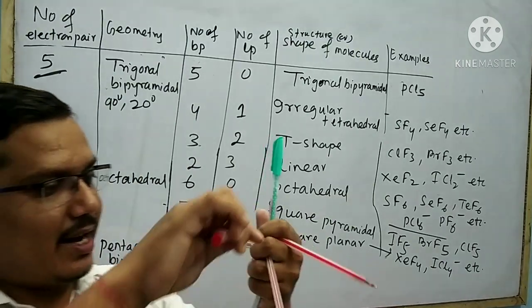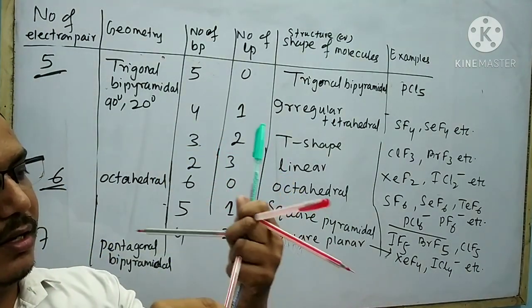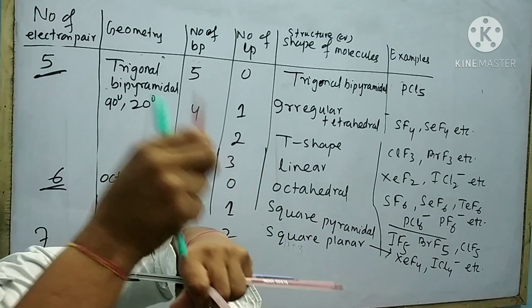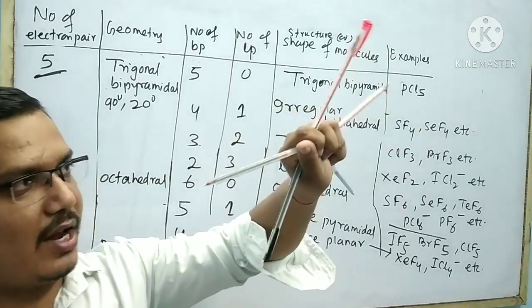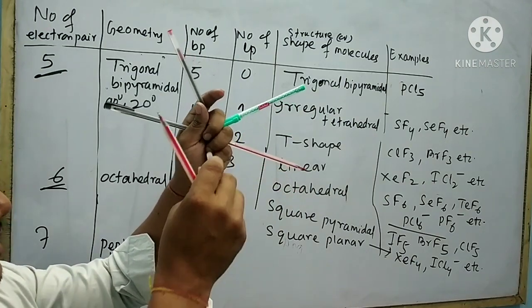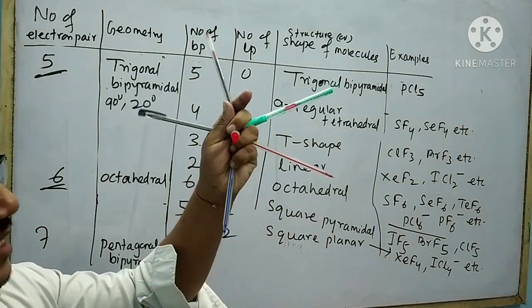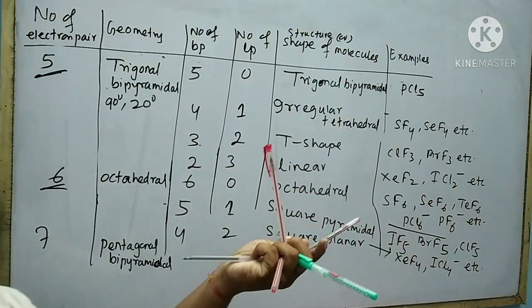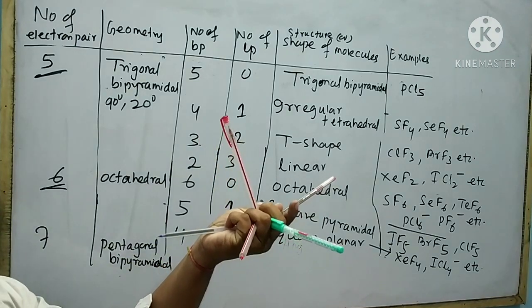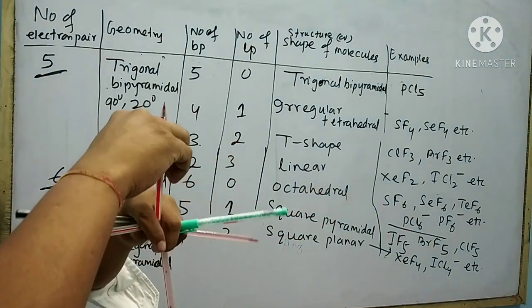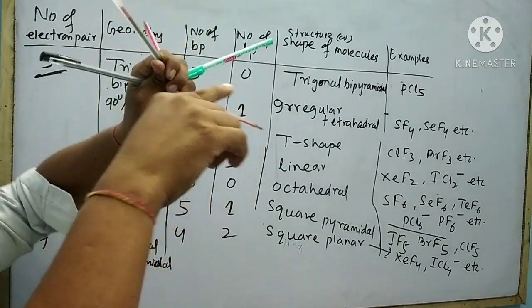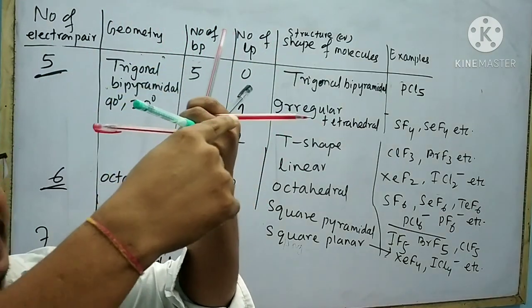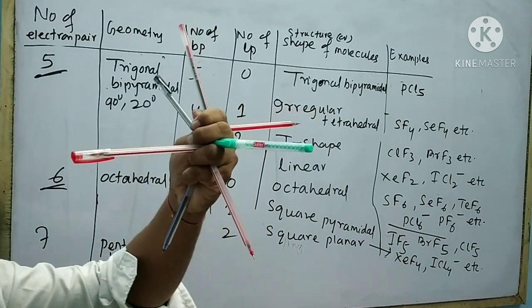That means I can arrange the 5 electron pair like a pentagonal. When the 6th electron pair is present like this, then it is said to be pentagonal pyramidal. When the 7th electron pair present like this, then it is said to be pentagonal bipyramidal.